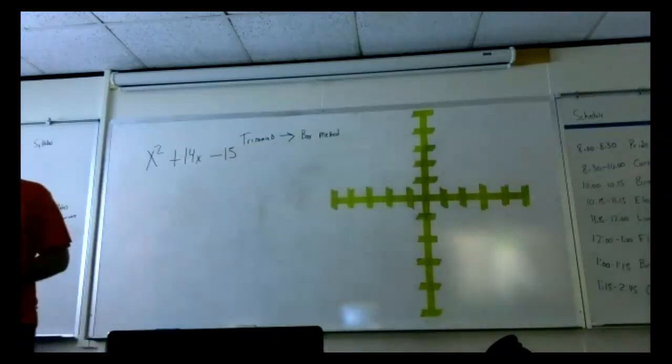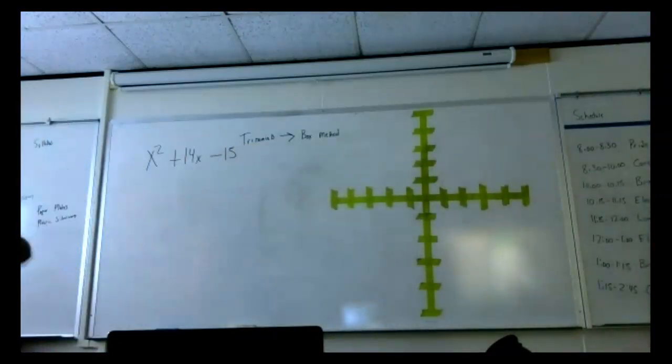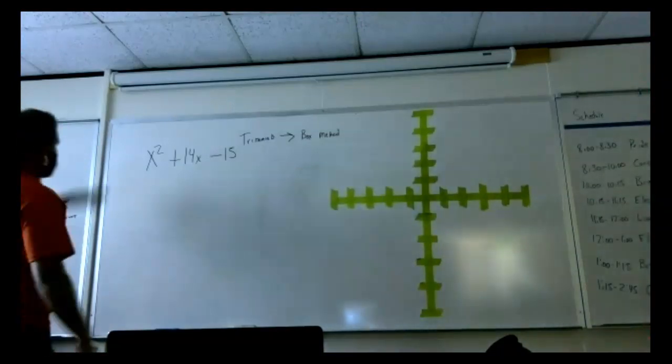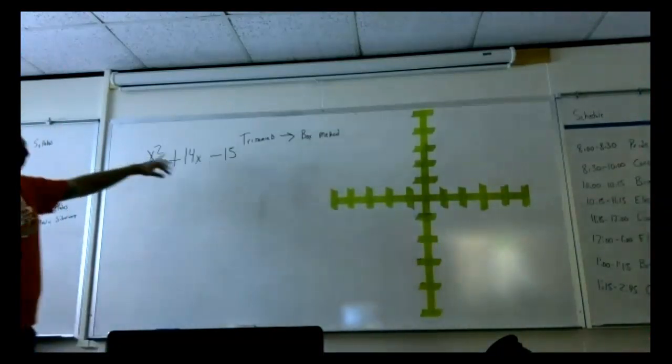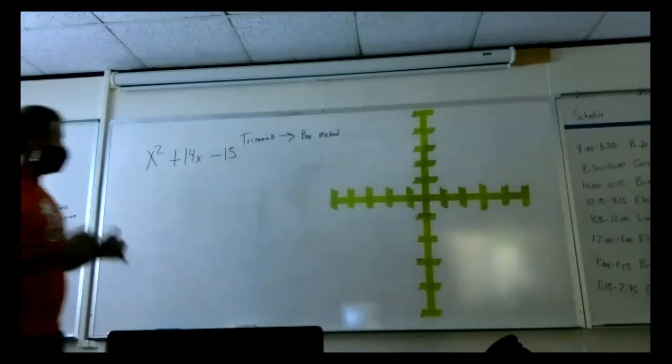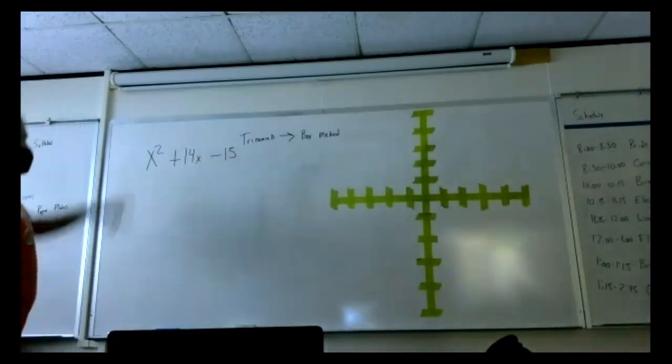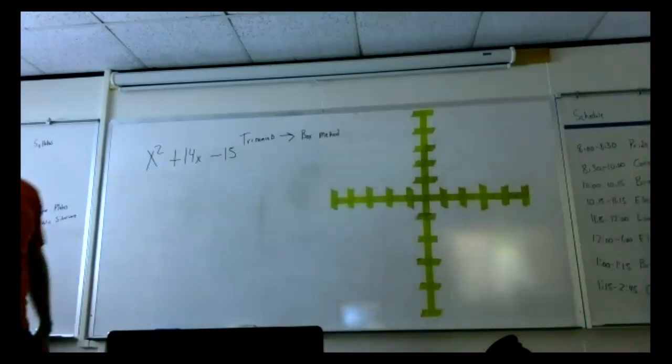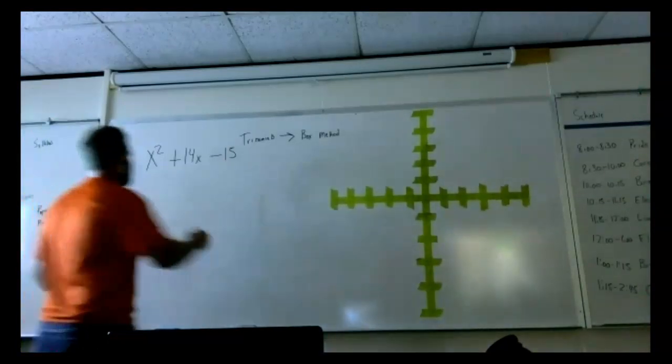So we want to check to make sure that we don't have any greatest common factors and that our a value is positive. So 14 and 15 don't share any factors. The only one we would be able to factor out is 1, so we're good there. And our a value is positive, so we are good there, and we can proceed to our box.